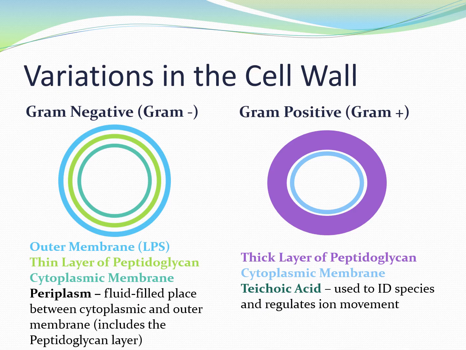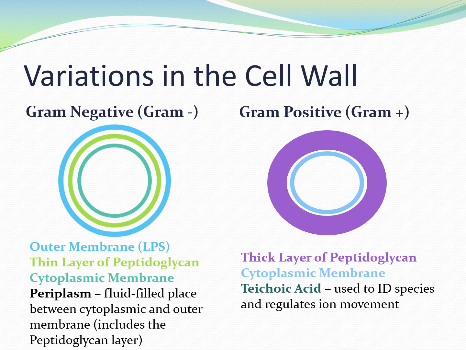So let's take a look at an illustration to get a better visual of what those layers look like in our different types of bacteria. On the left, let's start with gram-negative bacteria. You have that outermost layer, which is the outer membrane. Then you have a thin layer of peptidoglycan, and then you have the cytoplasmic membrane.